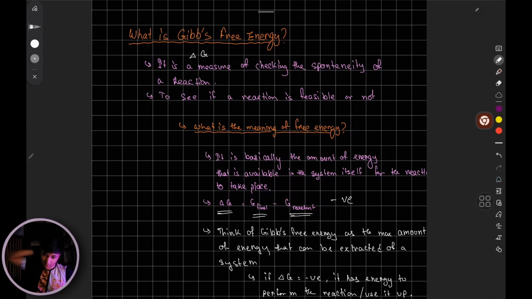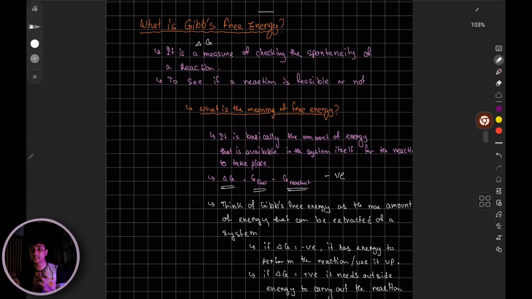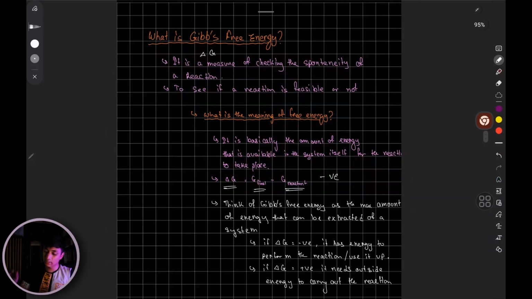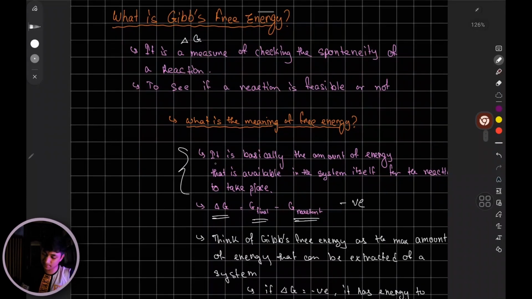So before getting into the formula, let's first understand what the Gibbs free energy or the free energy term really means. Now, think of free energy in terms of this. It is the maximum amount of energy that is available in the system to carry out the reaction.